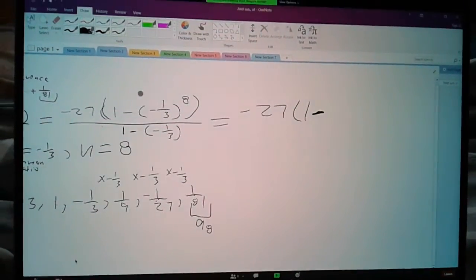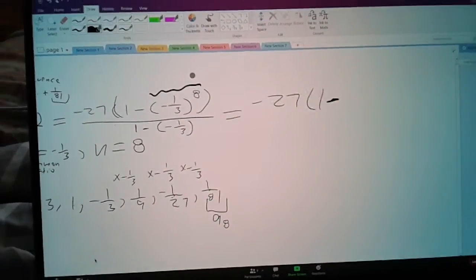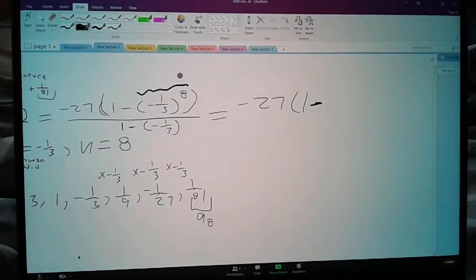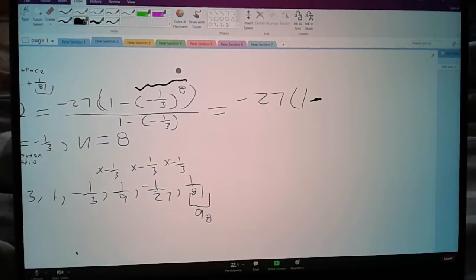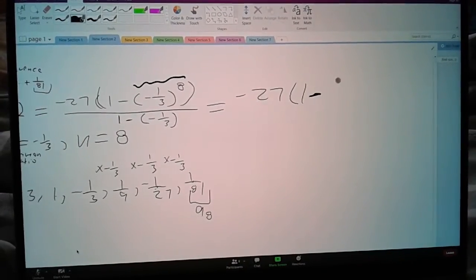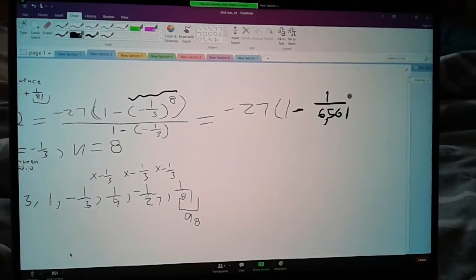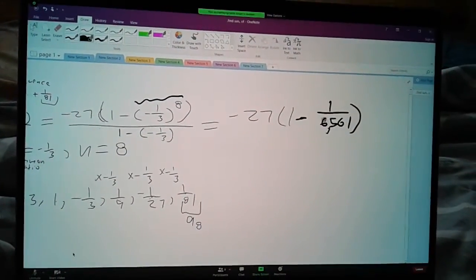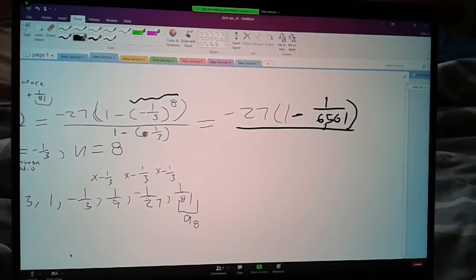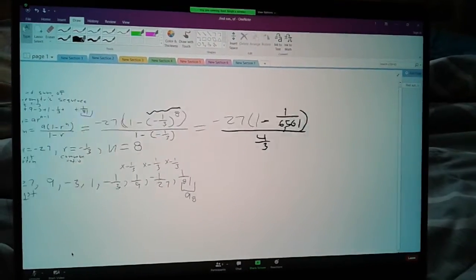So I have to do this part first, the exponent. Negative 1/3 to the power of 8 is a really small number: 1 over 6,561. And then 1 minus negative 1/3 is 4/3, because it's a double negative.